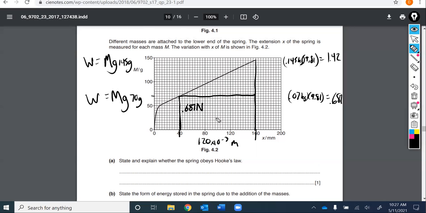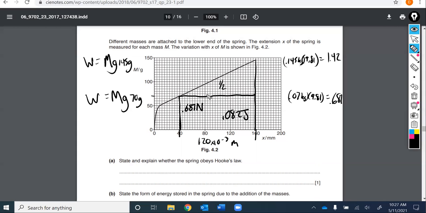So I got 0.6867 or 0.687 times 120 times 10 to the negative 3. So the area of this rectangle, once I've converted these masses into forces on Earth, the elastic potential energy from this part would just be 0.082 joules.